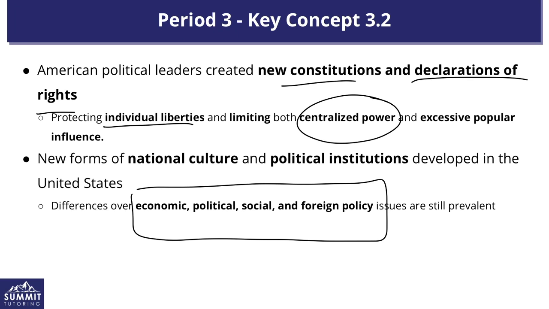All important documents that are going to help to support the Americans and their citizens in success and being free and having those American ideals that we have today. That's going to set us up for the future and the success of what we see today in how we're free.